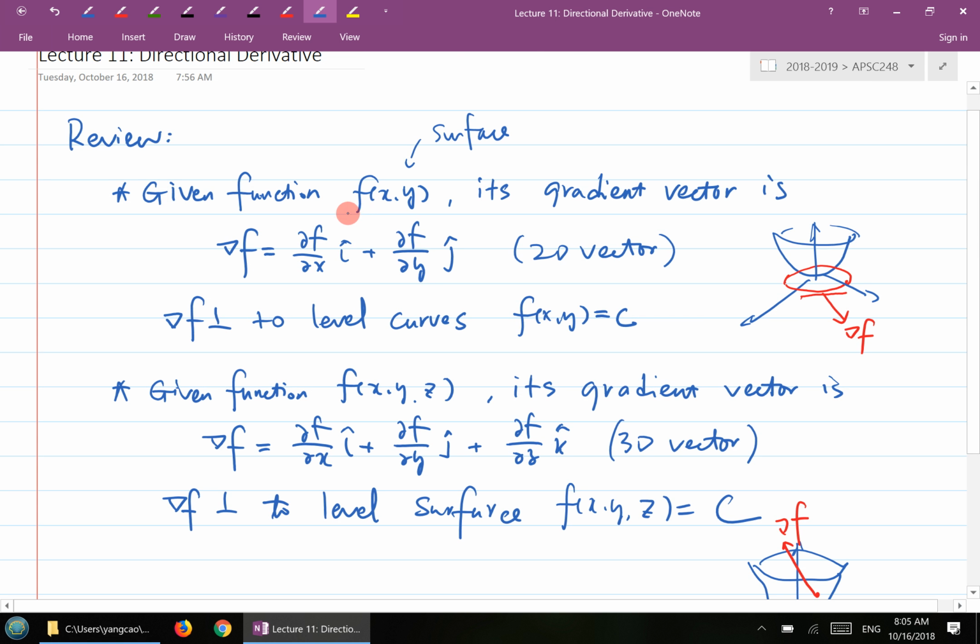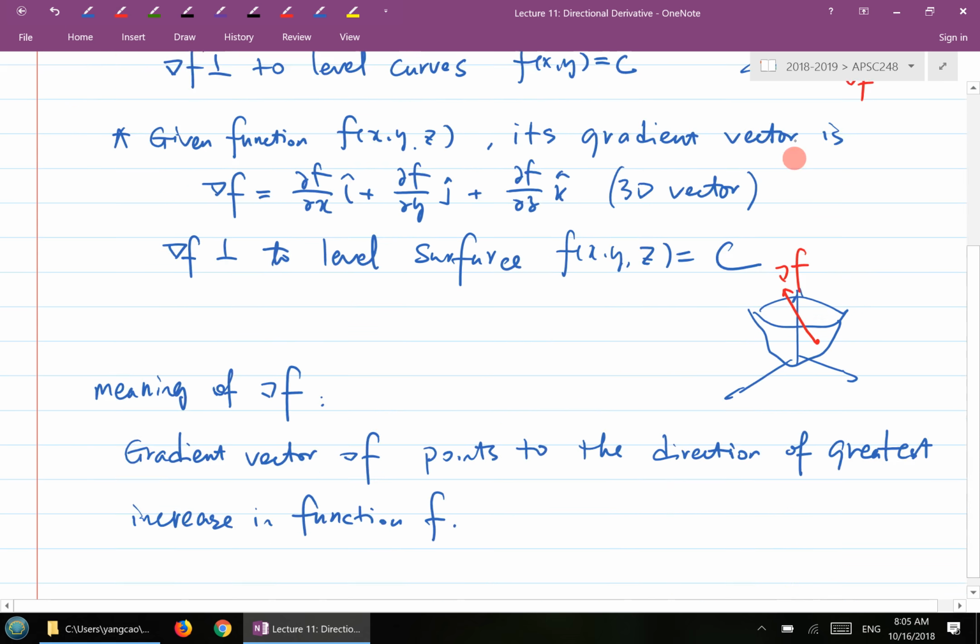One way is to change your x, y in the direction given by the gradient vector del f. If you change x, y in that direction, then your function f will increase at the greatest rate. That's basically what the gradient vector gives you.